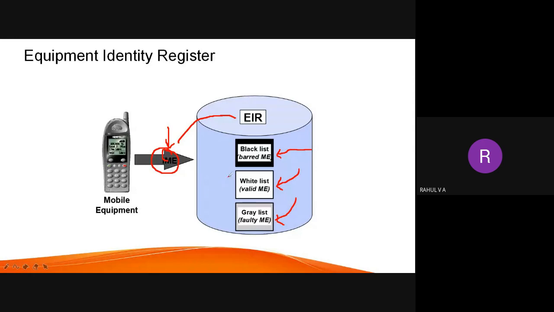Based on that, a registered mobile equipment with no issues is kept in the white list. If there is some issue or it is a barred mobile equipment, it is kept in the black list. And if it is a faulty mobile equipment, it is kept in the gray list.